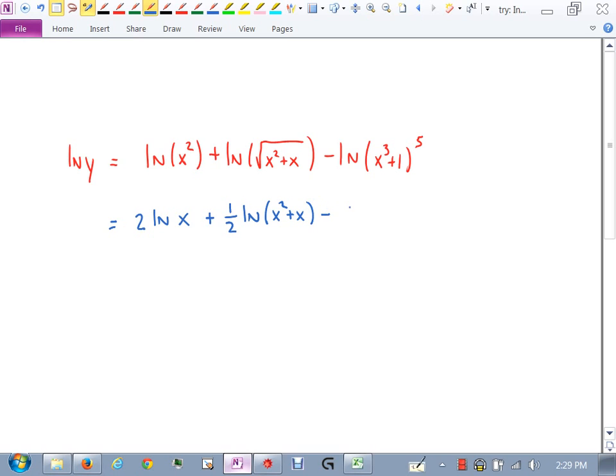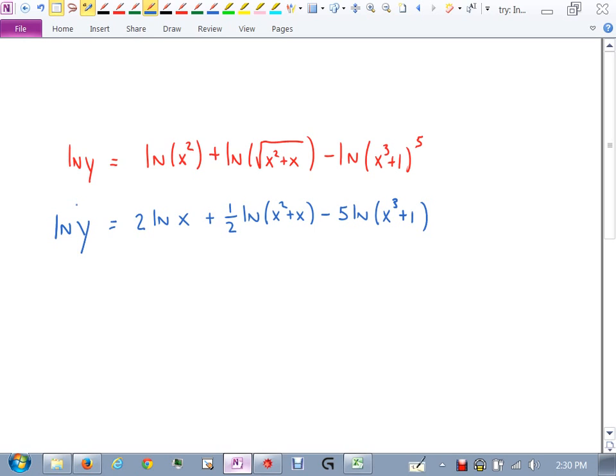And then minus, you said the 5 came out, natural log of x cubed plus 1. Now the left side of this equation, bring it along. Natural log y is still there, right? I want to make sure nobody makes a mistake at this point. Can you split that log up?